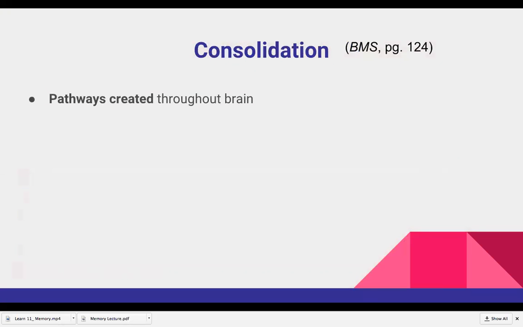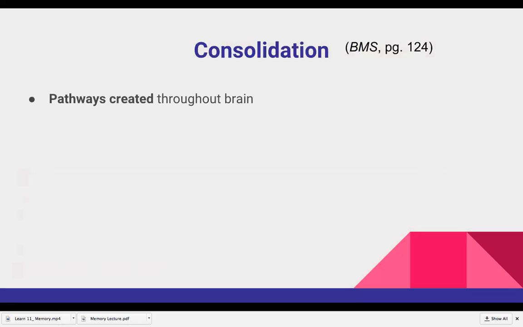So during the consolidation process, pathways in the brain are being created. So remember, those neurons are firing, saying, hey, there's new stuff coming. There's new information. Get ready. We're going to be spreading this information and delivering it. It's like a mail delivery system to where the information needs to go.